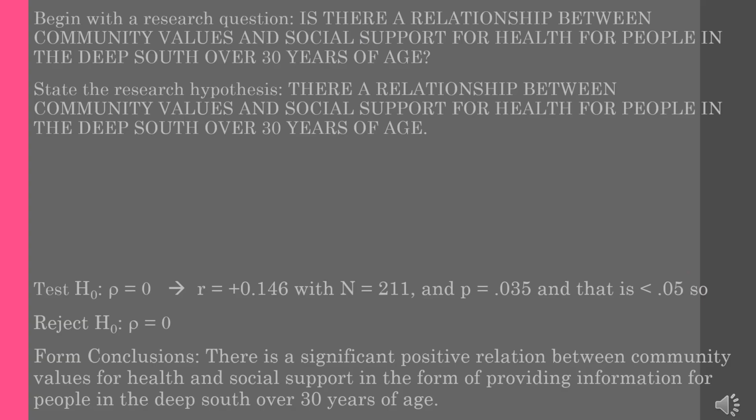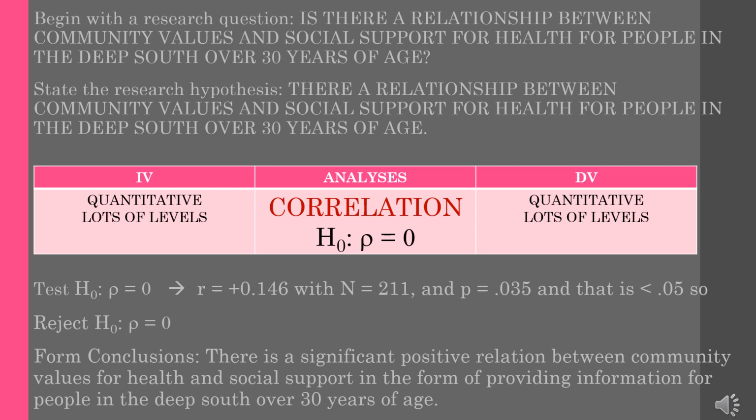So here we are. We began with a research question: is there a relationship between community values and social support for health for people in the Deep South who are over 30 years of age? We stated our research hypothesis. We figured out that we needed to use correlation to test the null because we had two quantitative variables. We tested the null.